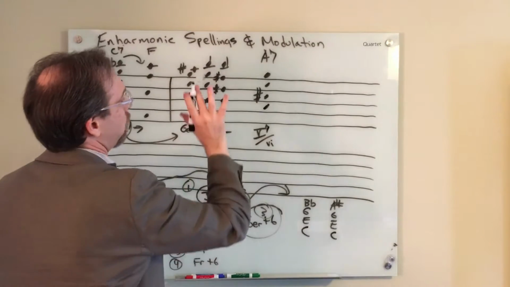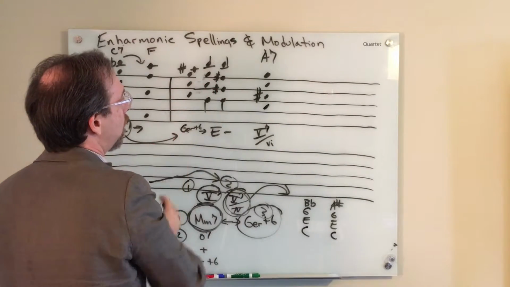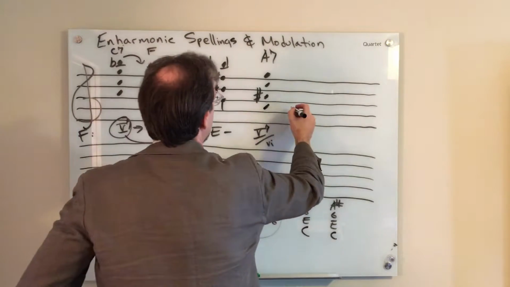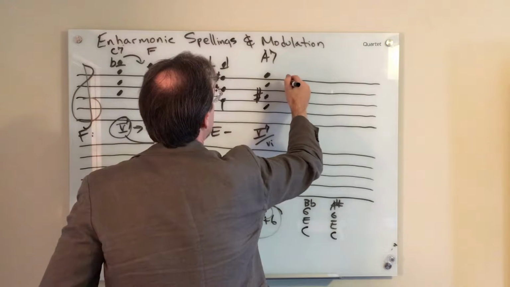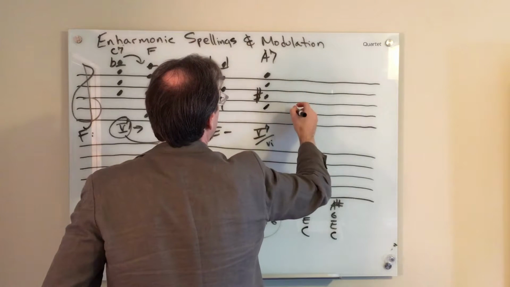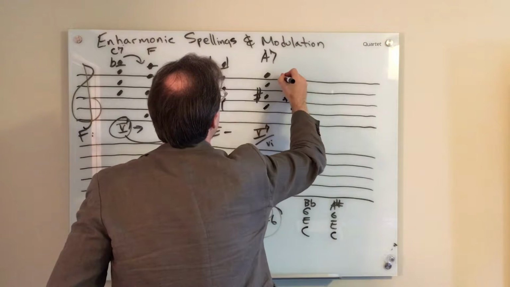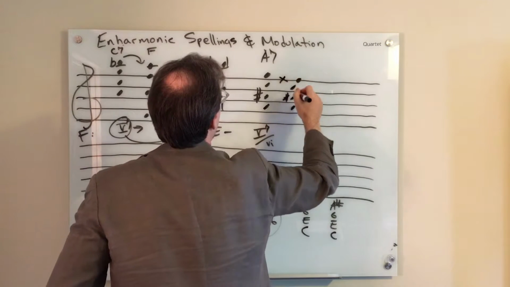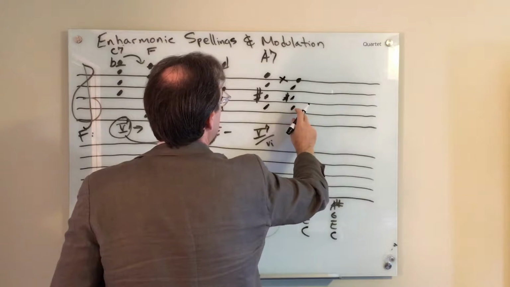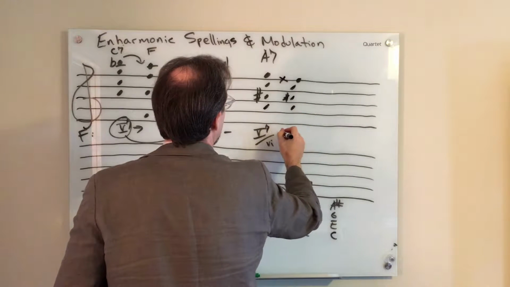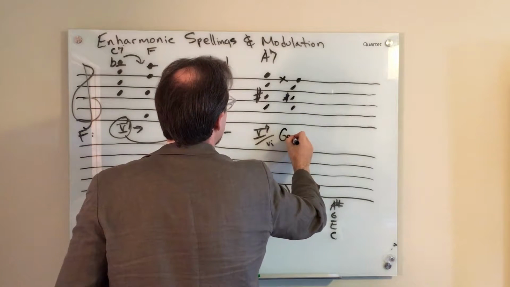But instead, let's pretend this is a German augmented 6, right? So we know that the G becomes an F double sharp, so A, C sharp, E, F double sharp, and this is now a German augmented 6.